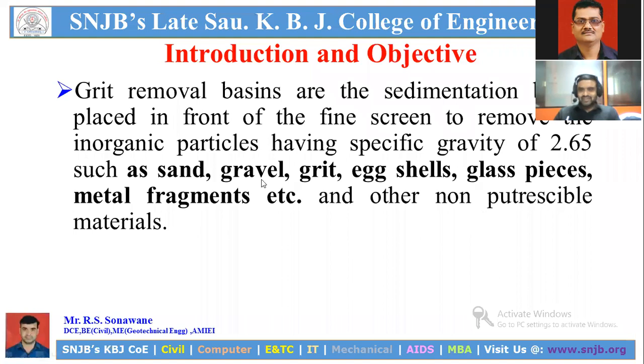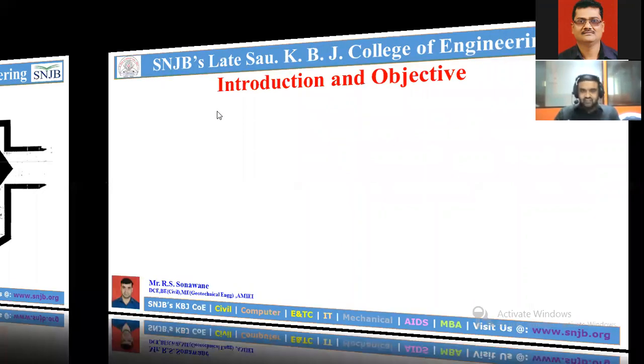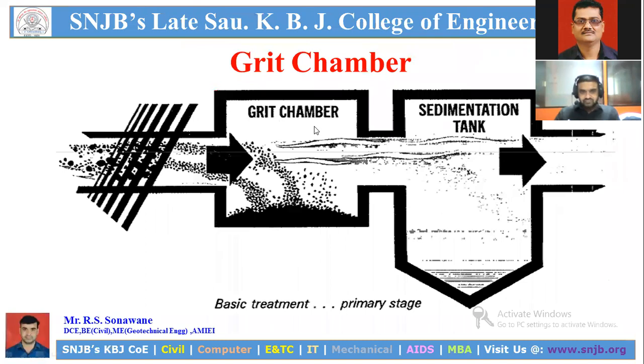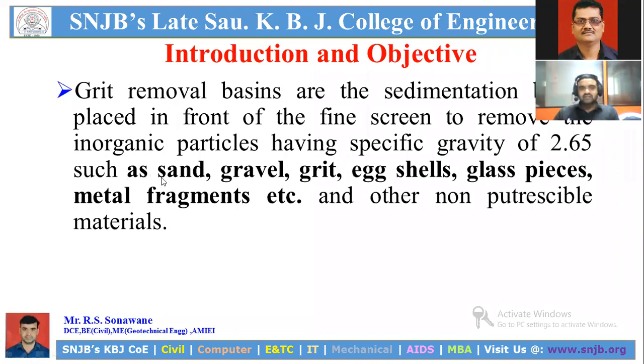So just as I told you, the grit removal basins are provided in front of, you can see here, a screen, and the type of material that can be admitted into that grit chamber are those having specific gravity 2.65, such as sand, gravel, grit, eggshell, glass pieces, metal fragments.